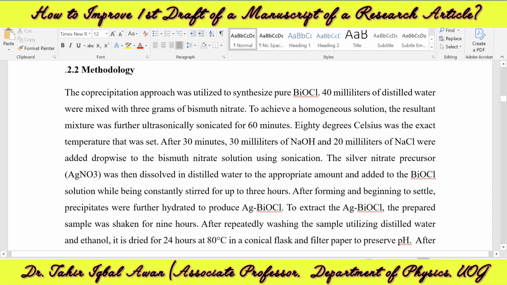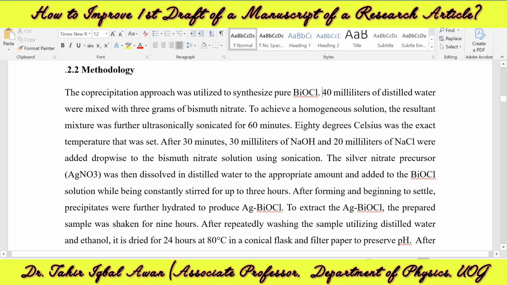Now, this is something amazing which I can see over here. The sentence is started with the number 40 milliliter of the distilled water. So please do not start the sentence with a number, right? You can structure a sentence in a way that the number is not at the start of any sentence.